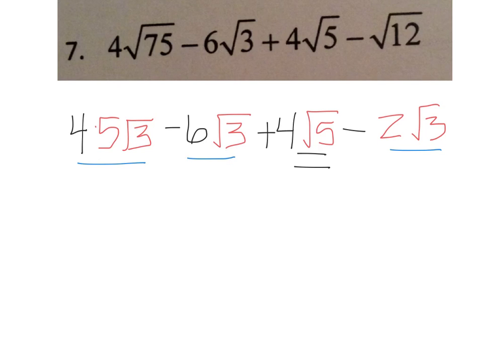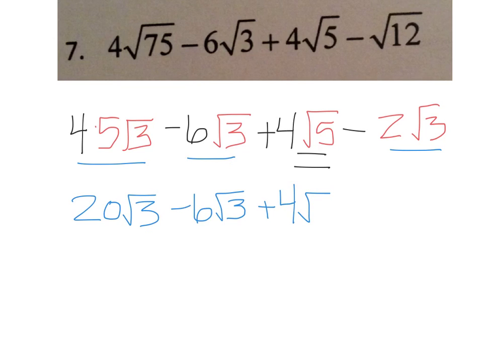This is a rad 5, and I won't be able to add that with my radical 3's. Simplifying what I have here, 4 times 5 gives me 20 radical 3 minus 6 radical 3 plus 4 radical 5 minus 2 radical 3.